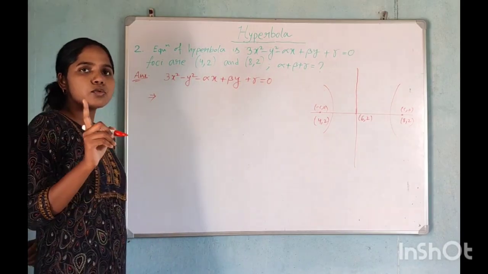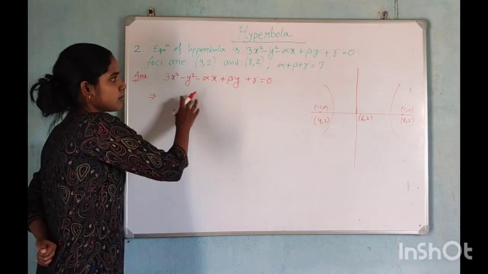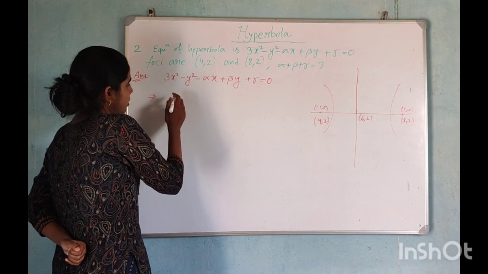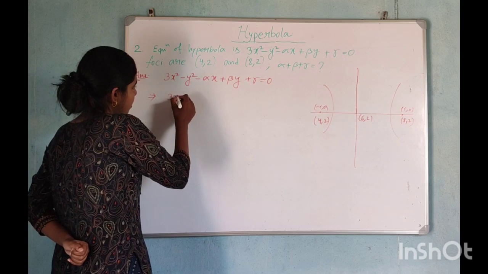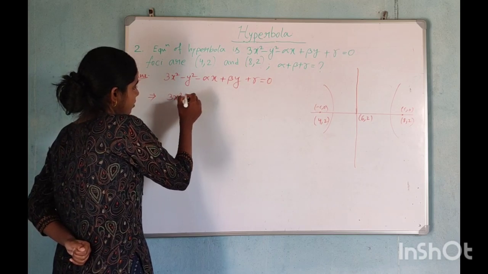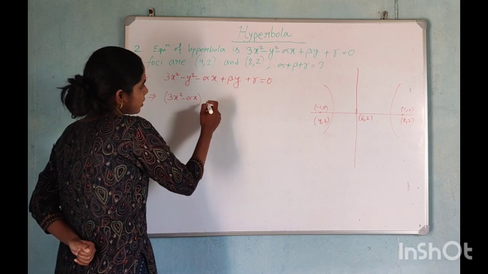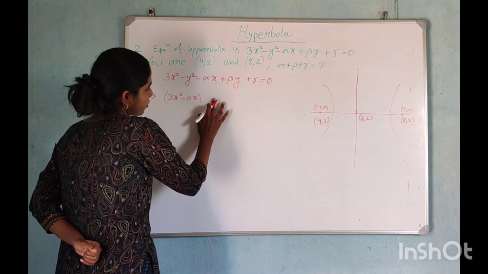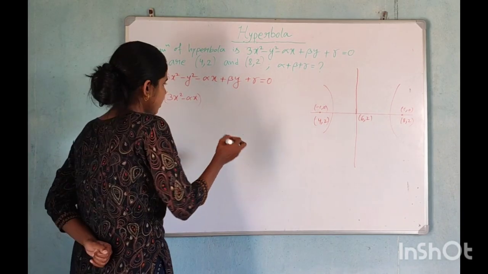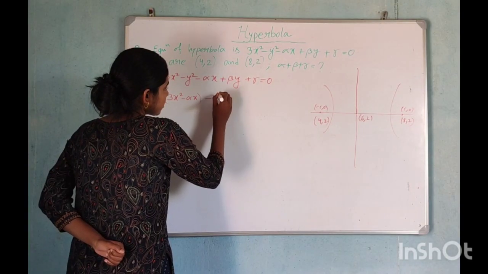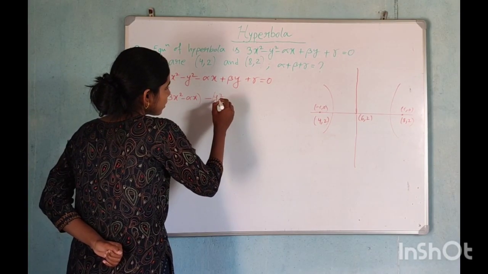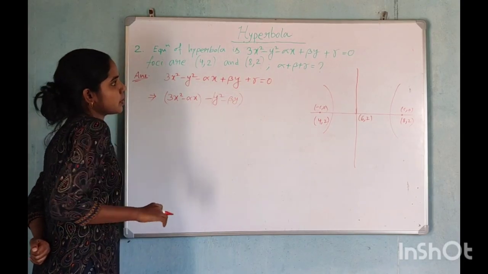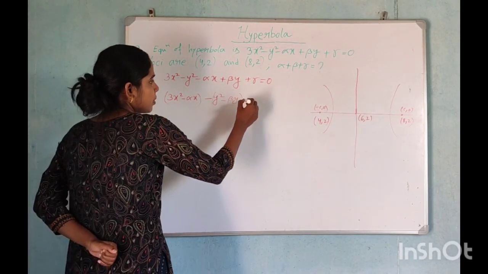First we have to make two squares, one in terms of x and one in terms of y. So first take all the x terms in one bracket, 3x square minus alpha x, and we can take minus common here because in a hyperbola there is a minus in the middle. So minus y square minus beta y. We have taken all the terms; gamma is left.